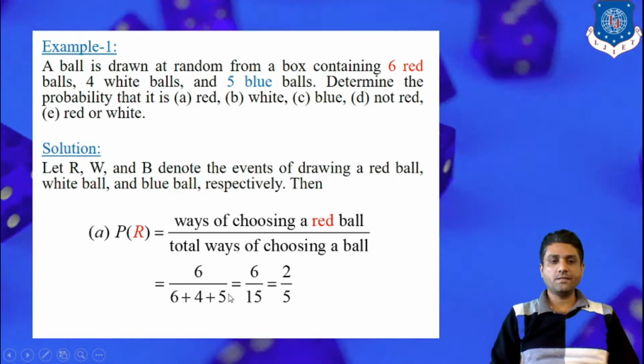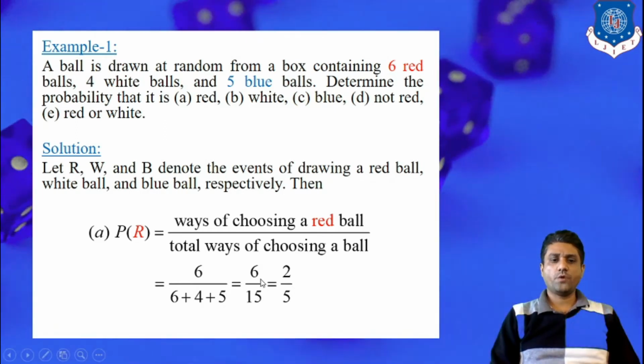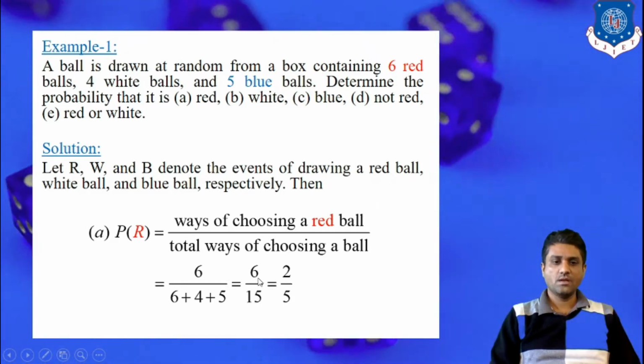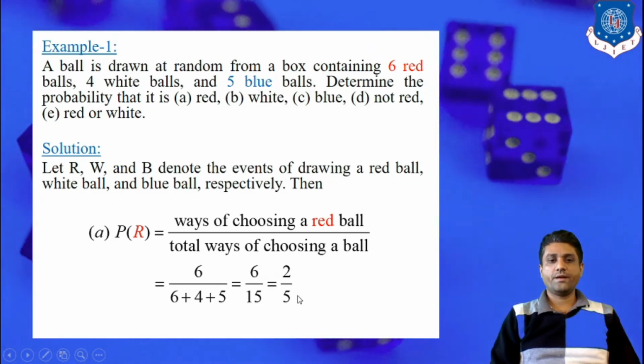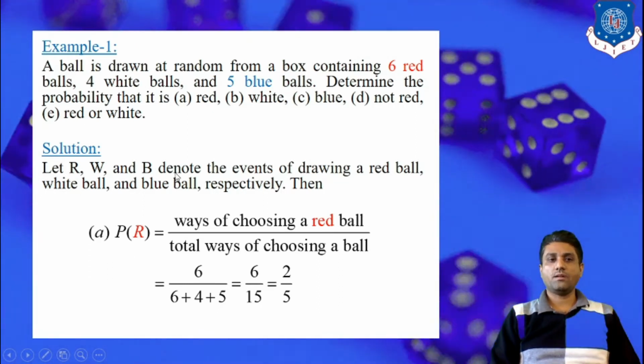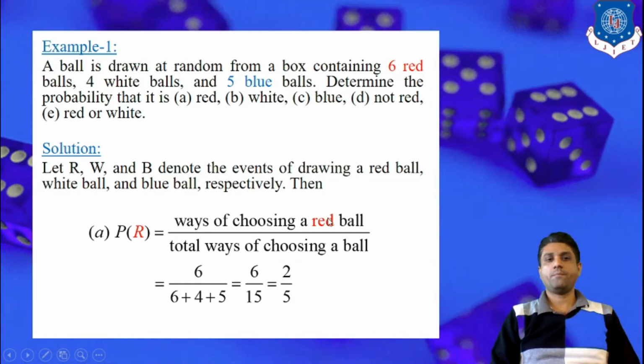Simplification leads to 6 divided by 15. Cancelling the common factor 3, the numerator is 2 and the denominator is 5. So the probability of getting a red ball from the box is 2 divided by 5.